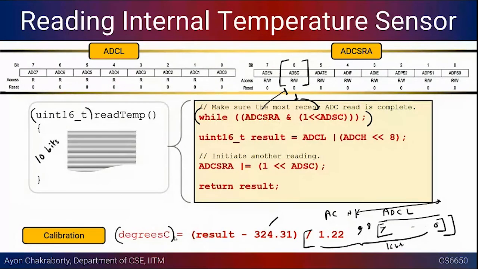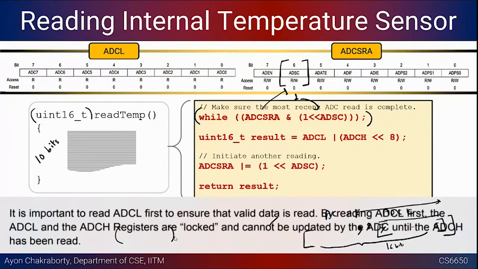And one more small thing that you also have to keep in mind, again from the manual, which you can check out, is that it's important to read the ADCL register first, the lower register first, to ensure that valid data is read.